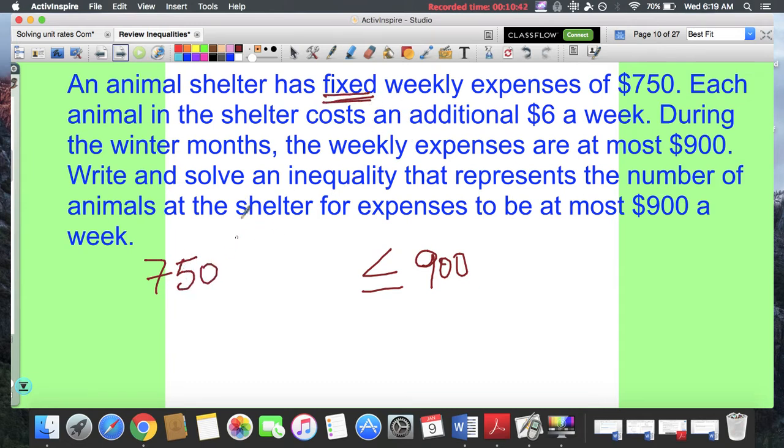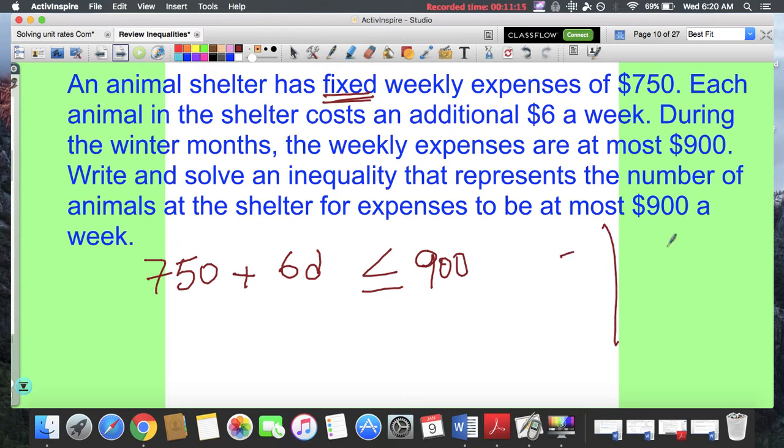Every week they're going to spend $750 no matter what on, like I said, expenses, electricity, paperwork, people who work there, wages, but those are fixed. It doesn't change, so it's always going to be $750. Plus, their other expense is $6 per. Let's write D for dogs. So if in the winter time your expense is 900, how many dogs are in the shelter? That's pretty much what the question is asking.